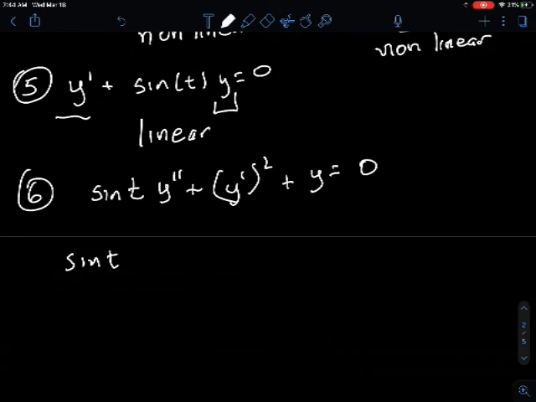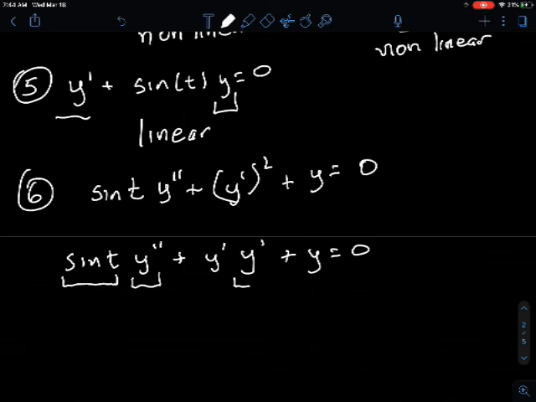So we have sine of t y double prime plus y prime, because it's y prime squared, plus y equals 0. Let's look at the first term. It has a function that depends on t and has the second derivative here. So this follows the structure of a linear equation. With the first term, we're fine. So far we can say it's linear.